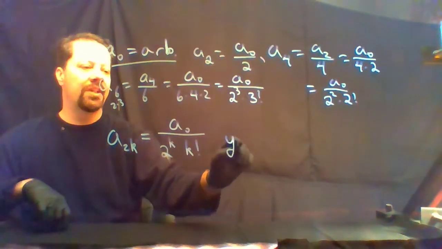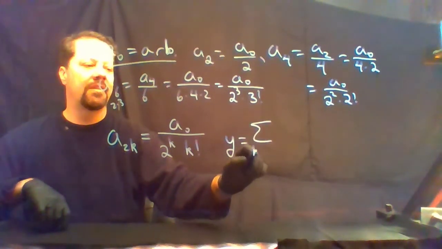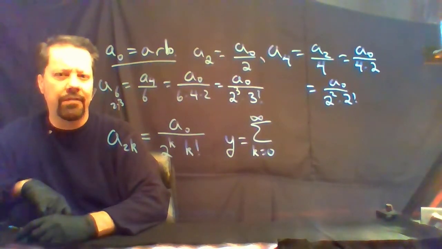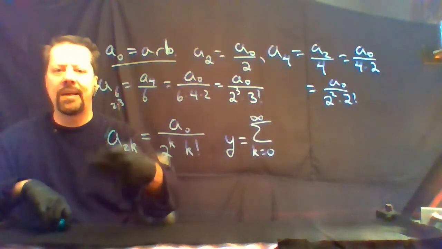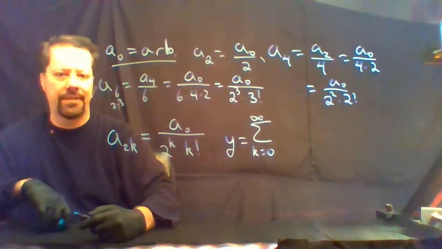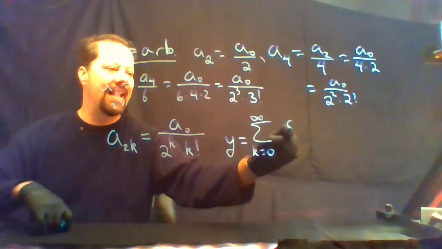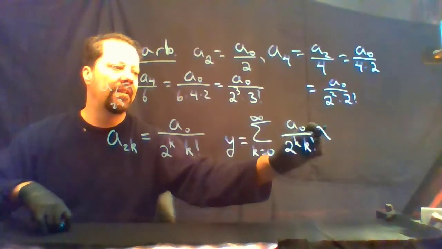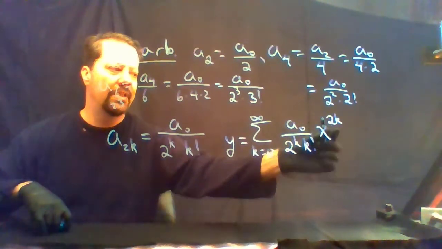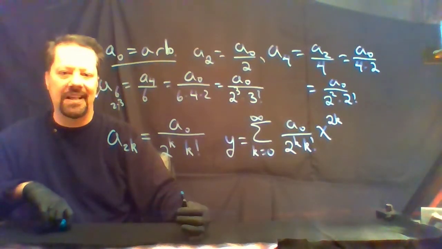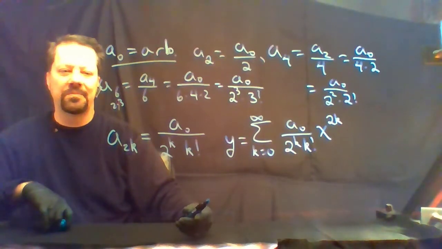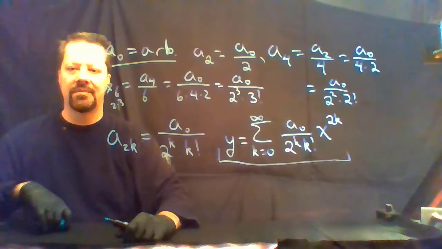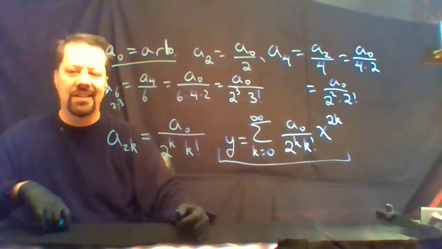That means our solution is the sum, as k goes from 0 to infinity. Keep in mind that all odd coefficients are 0. So we have to find a way to express only these even coefficients. That's going to be a naught divided by 2 to the k times k factorial, x to the 2k. We're only getting even powers of x in the solution. We know we can factor the a naught out, but how can we see what this solution is?